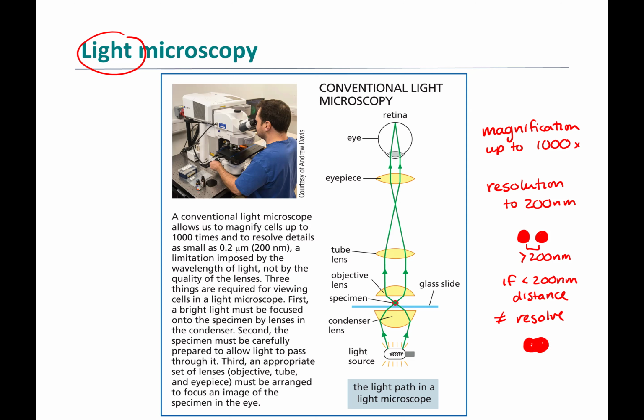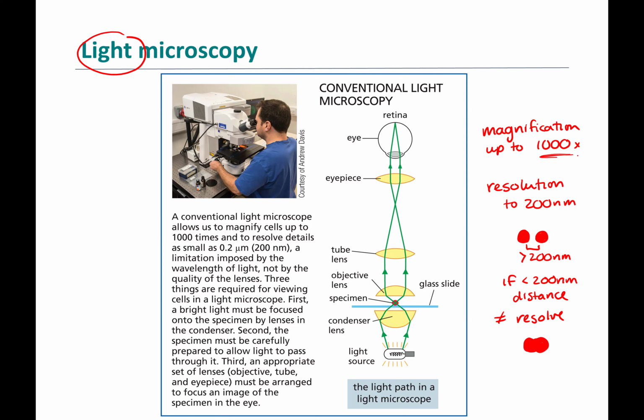Okay. So light microscopy has really the lowest magnification. We'll talk about electron microscopy, which has much higher magnification and better resolution. But with light microscopy you can see live and dead cells.